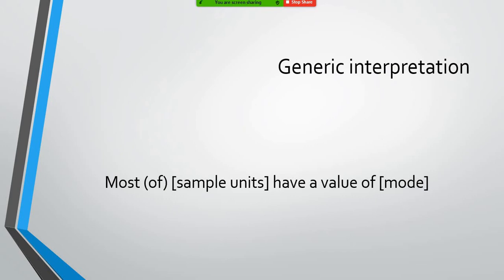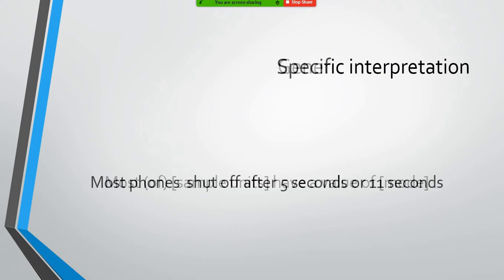To give an interpretation for our mode, we can use the template most or most of, depending on the grammatical structure of the sample units, have a value of the mode. So in our running example, most phones shut off after 5 seconds or 11 seconds.